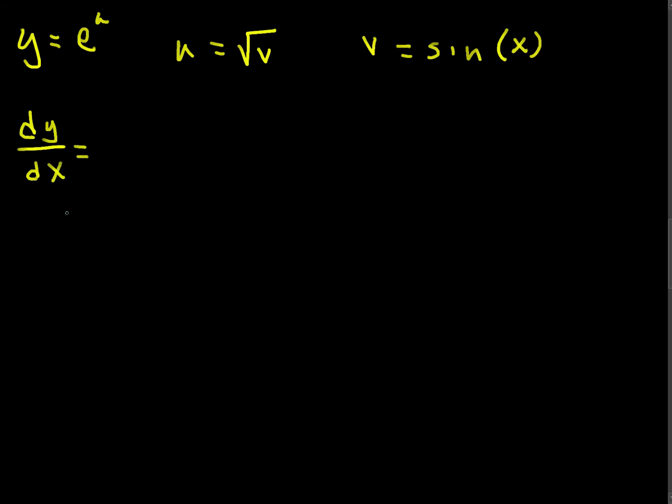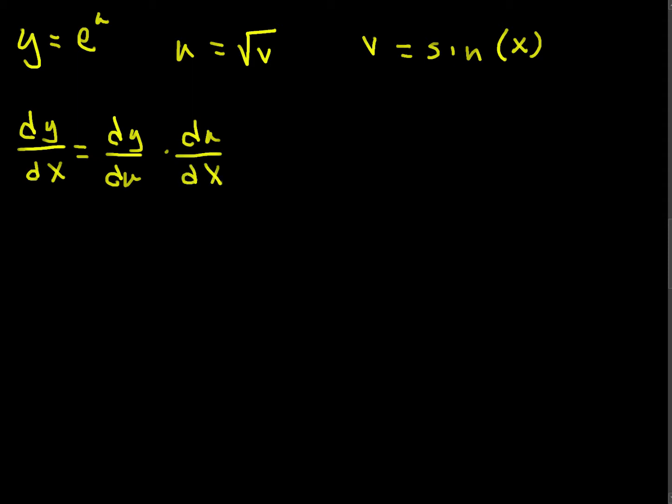So here's where Leibniz notation can open things up, because y is not directly a function of x, it's a function of u. So this is equal to dy du, something we can calculate directly using our differentials, times du dx.